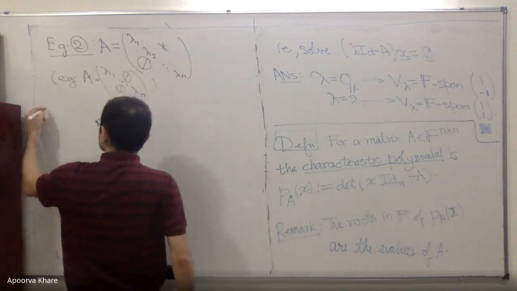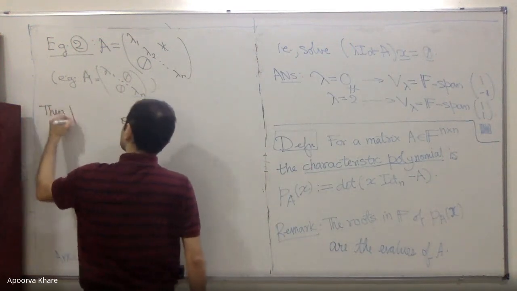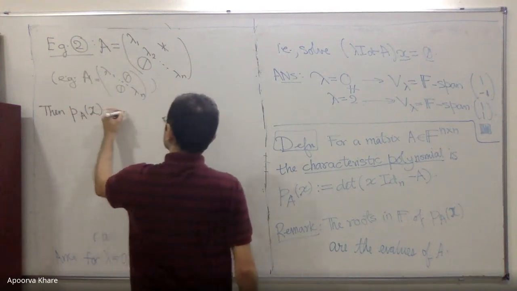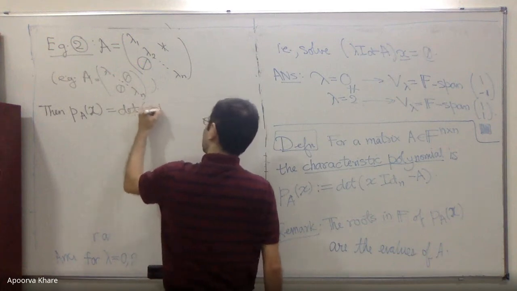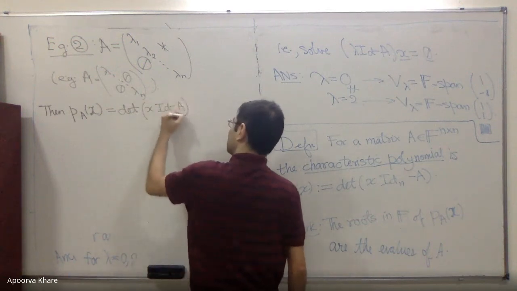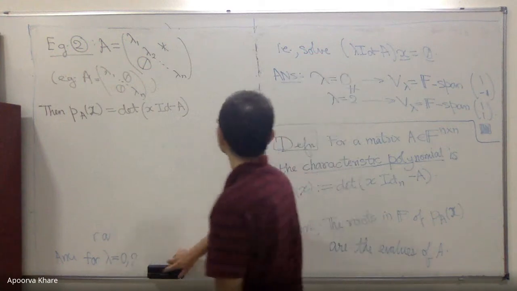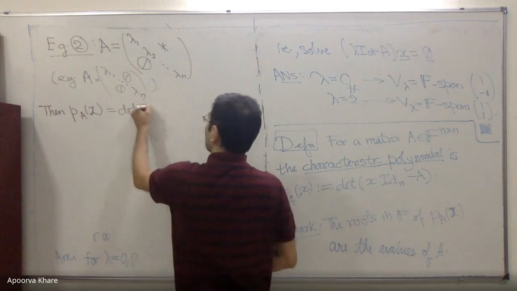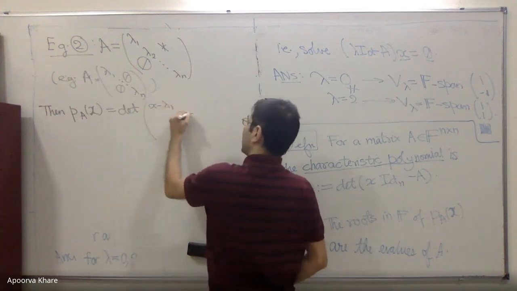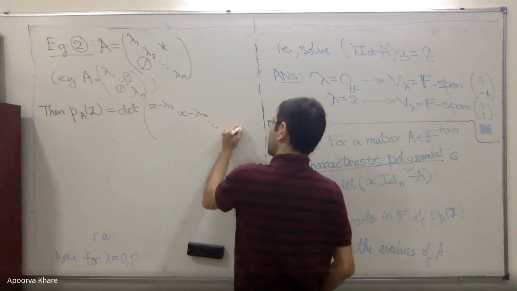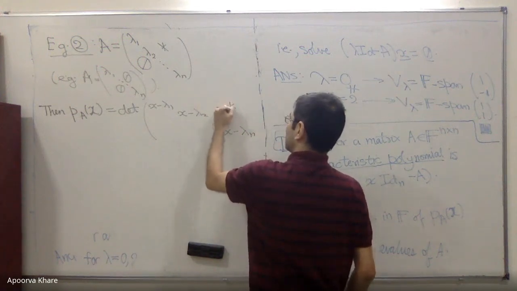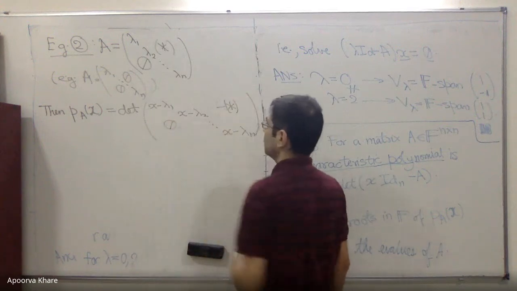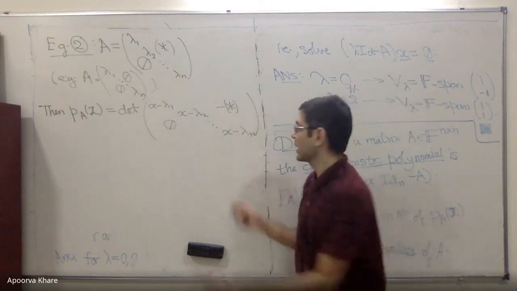Then what is the characteristic polynomial? P_A of x is the determinant of x identity minus A. What is x identity minus A? It is x minus lambda 1, x minus lambda 2, up to x minus lambda n on the diagonal, and minus star above, where if this was star, then it's minus star, and minus of 0 is 0. So it is still an upper triangular matrix.